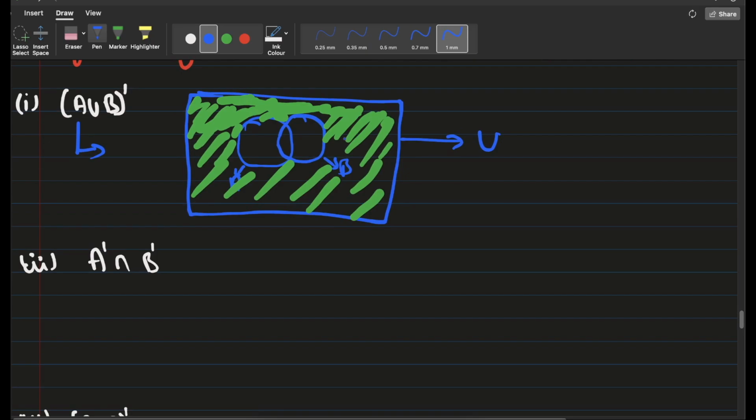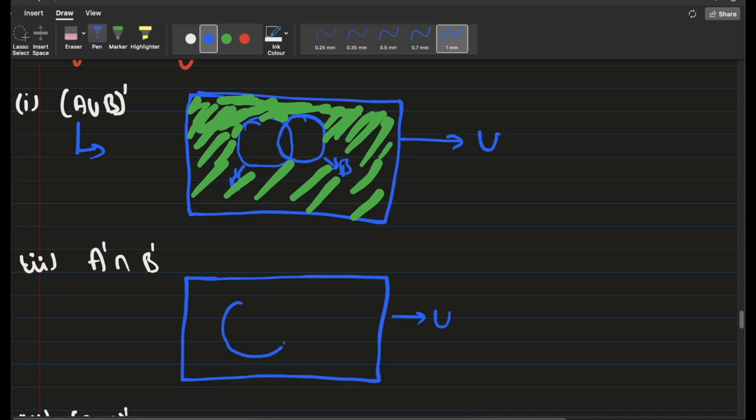Now let's mark A complement intersection B complement. Once again, this is our universal set, this is A, this is B. What is A complement? That which is not present in A, basically this whole area, also including B's part, because this part is not in A. Now what is B complement?